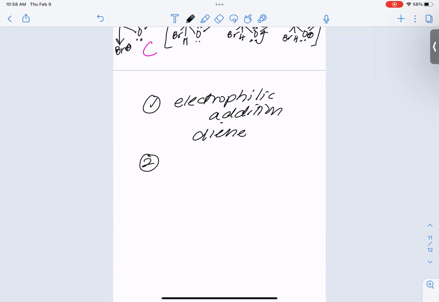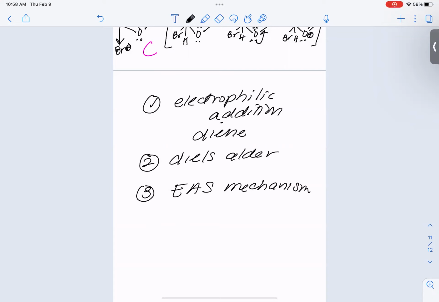You're going to have some type of Diels-Alder and electrophilic substitution mechanism, and a synthesis. I'm going to put the Diels-Alder in parentheses. I might substitute it out for an NMR. I'm not sure yet. We haven't done a ton of NMR, so I don't know if I'm going to just drop it on you for your first exam.